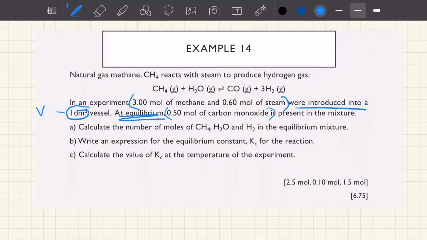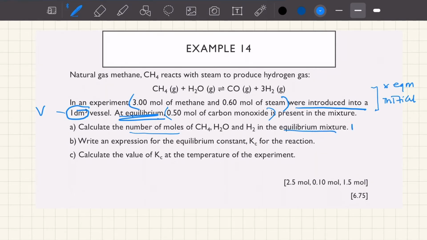So that means the first part of your information is not at equilibrium. So this will be your initial conditions, initial information. You want to calculate the number of moles of your CH4, H2O and H2 in the equilibrium mixture.